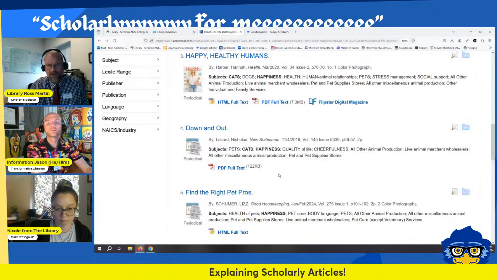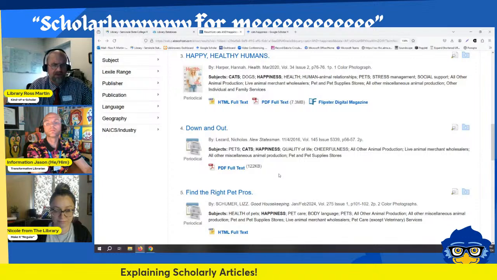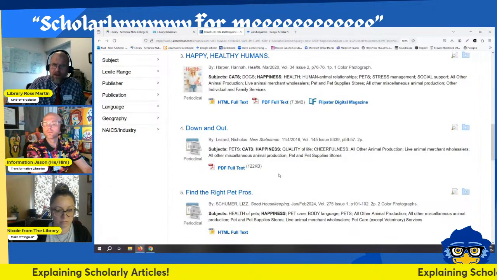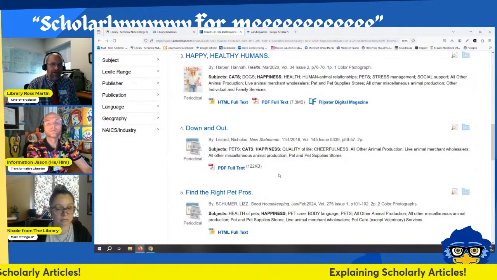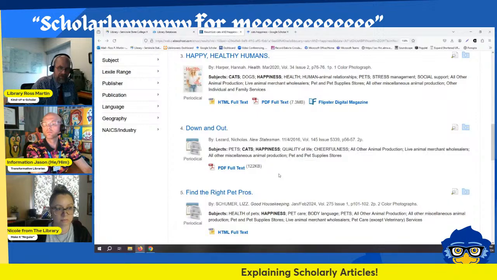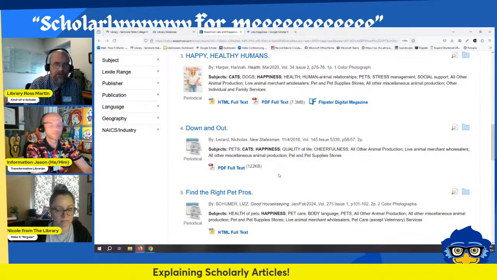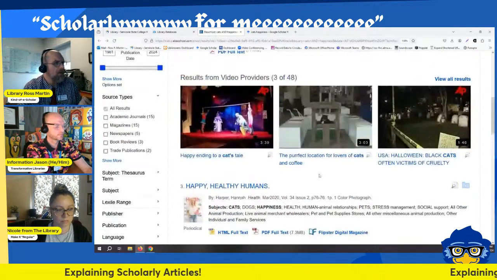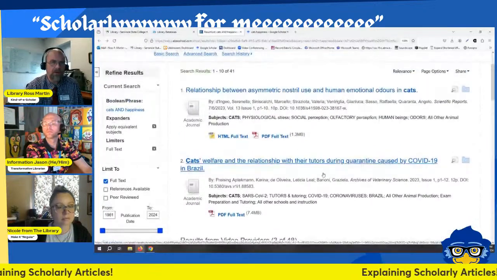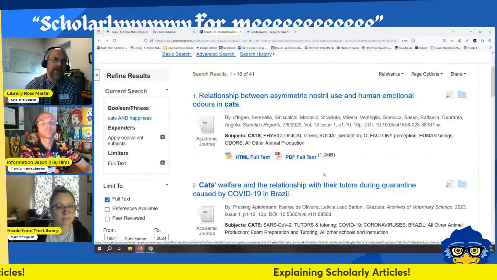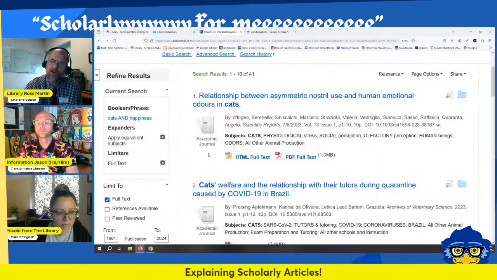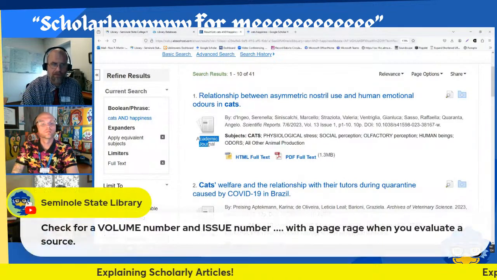They're written by journalists, right? Their job is to inform and entertain, and there's good information out there in magazines for sure. There's legitimate reasons why you might choose a magazine over scholarly information. But when we're looking for scholarly sources, we're looking for these things up here. These academic journals are a really good source of scholarly information.